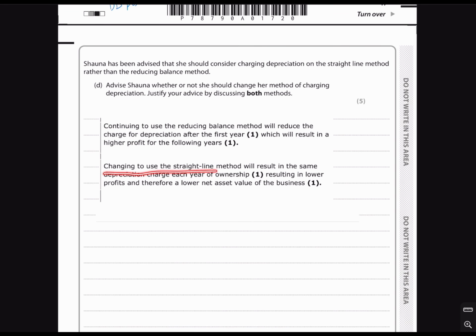Changing to the straight line method will result in the same depreciation charge each year of ownership, resulting in lower profits and therefore a lower net asset value for the business. Now you can talk about concepts here. You can say that changing it would go against the consistency concept.